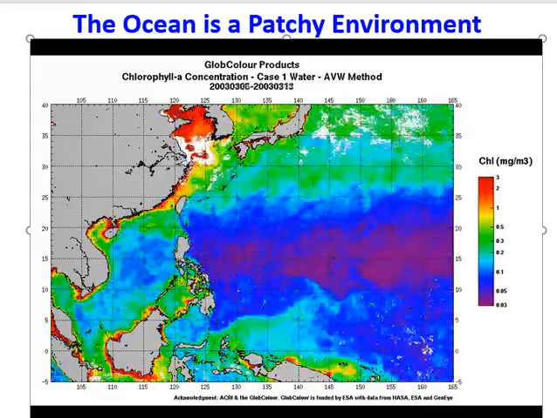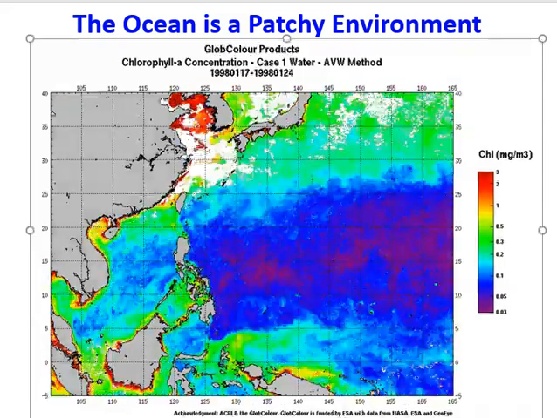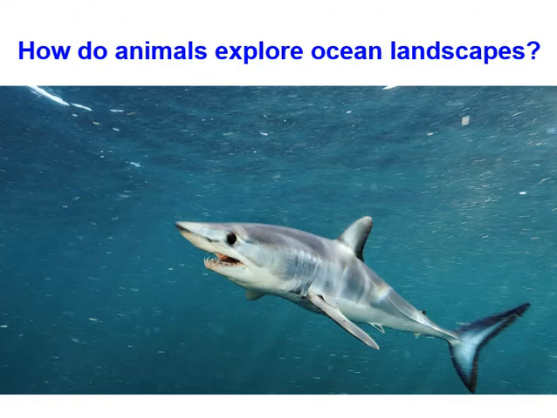But this illustrates this idea that the ocean is a patchy environment. And so what I want to talk about is how animals explore the ocean as a landscape, and explore the ocean particularly not as a uniform landscape, but as a patchy landscape.